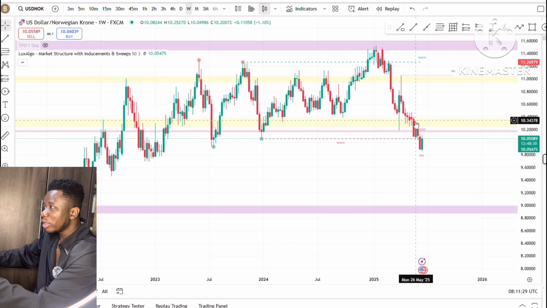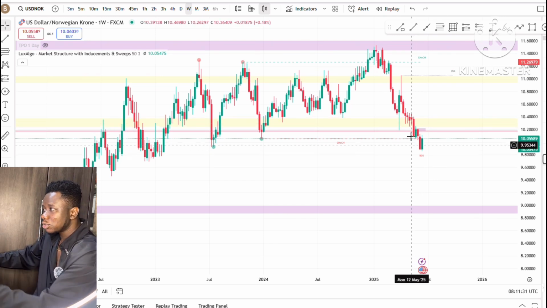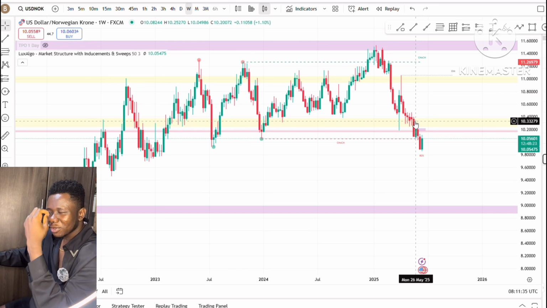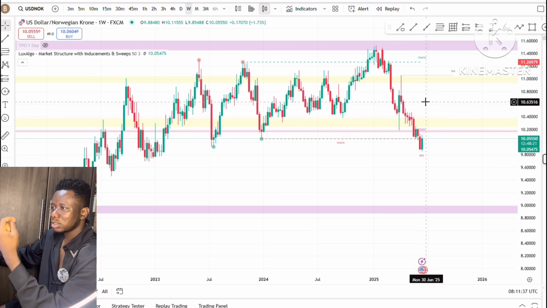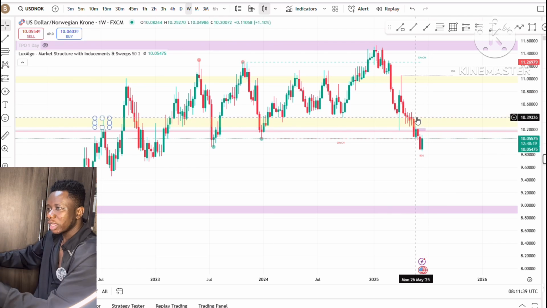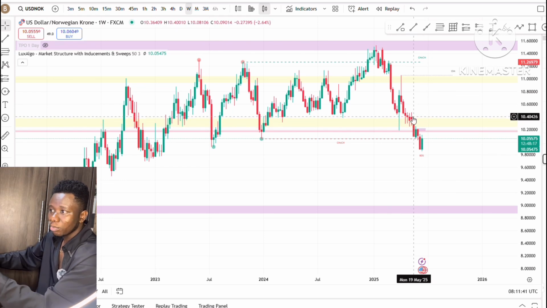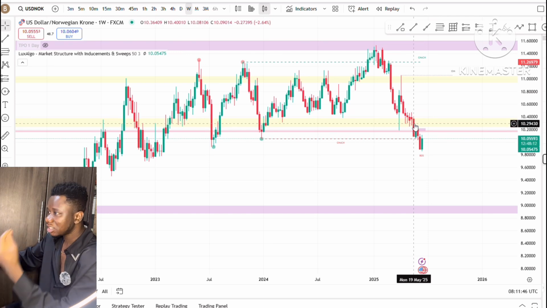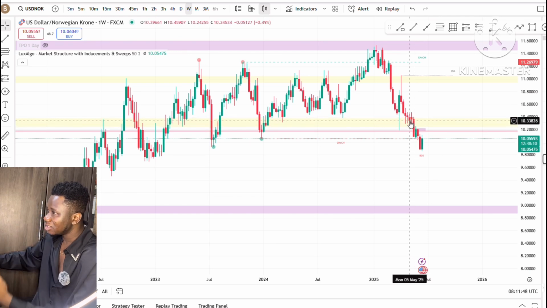The weekly candle that breaks below the weekly support area was a very big weekly candle with very big momentum. As you can see, it indicates a very bearish market, very bearish.